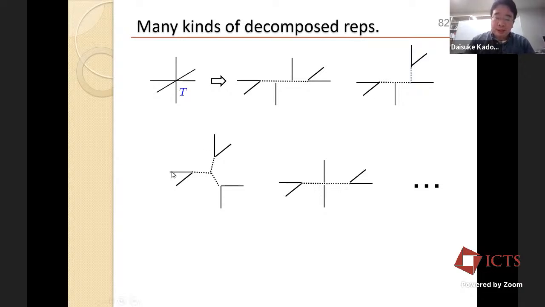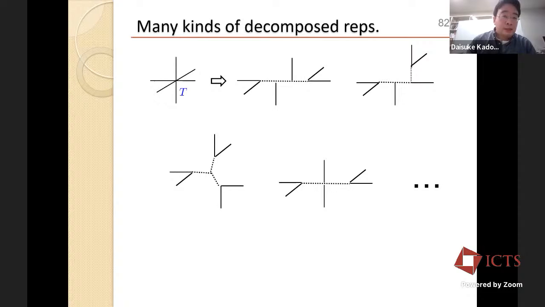And actually, you can mix rank 4 tensors to decompose the rank 6 tensor. And the accuracy depends on the type of decomposed representation.